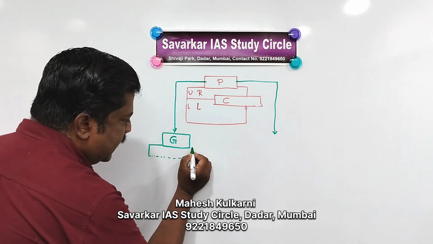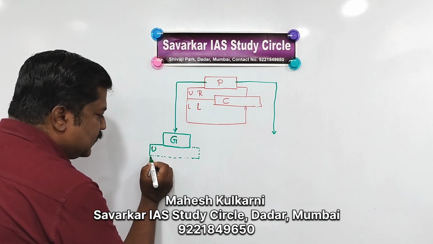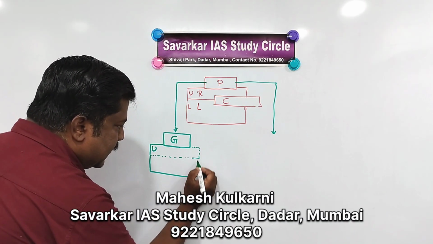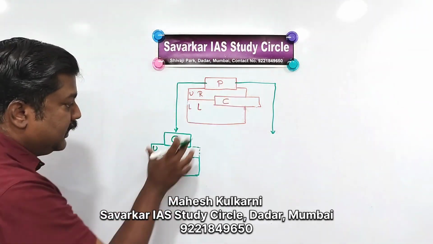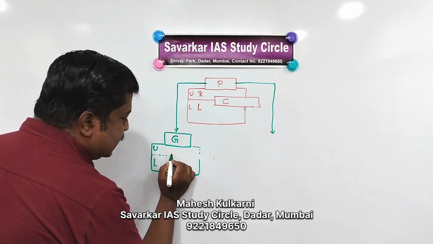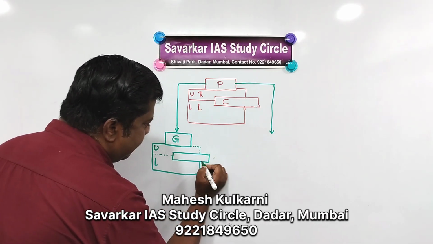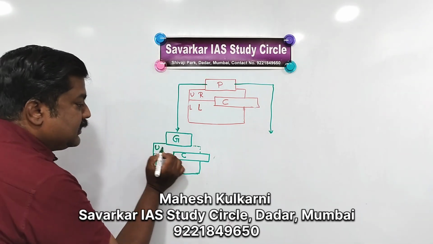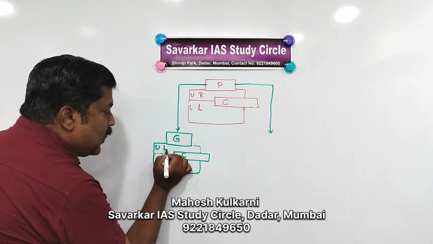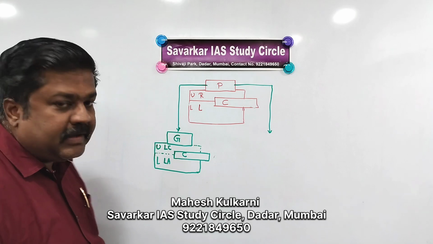I am showing a sort of dotted line here. This is called the upper house, and this is the lower house. The same structure is here, and obviously this is the Council of Ministers. Here this is called the Legislative Council, and this is called the Legislative Assembly.